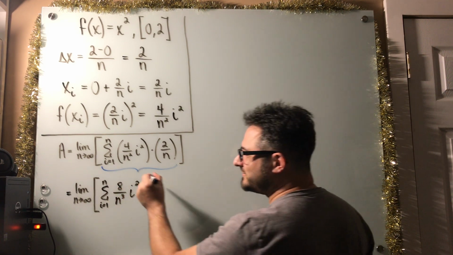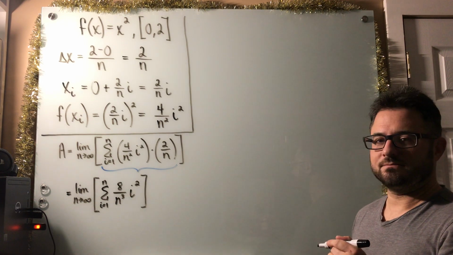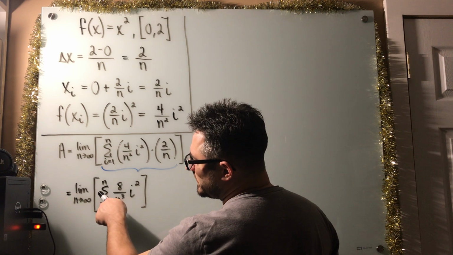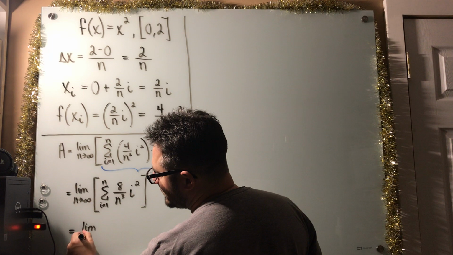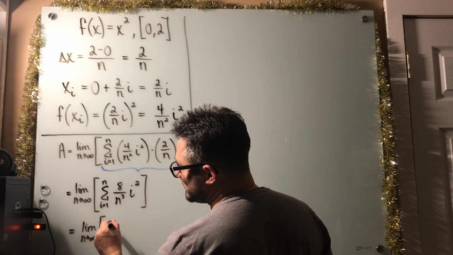So again, a lot of really familiar aspects of this. Well, 8 over n cubed can go in front of the summation, not in front of the limit. We're not up to the limit yet, but it can go in front of the summation.